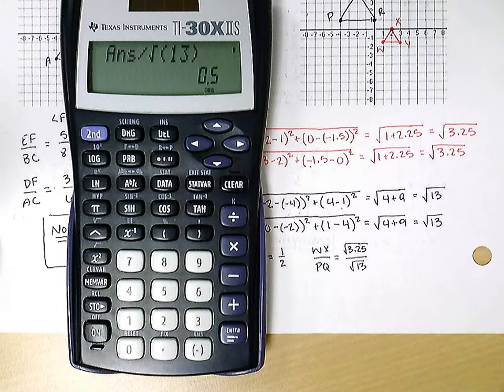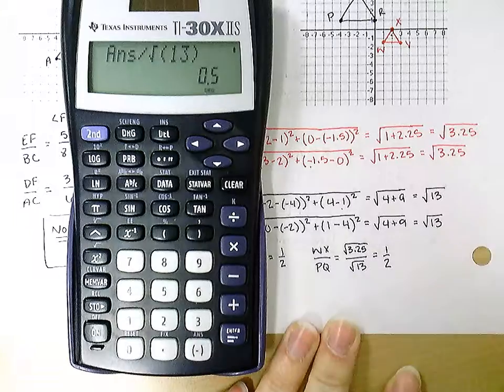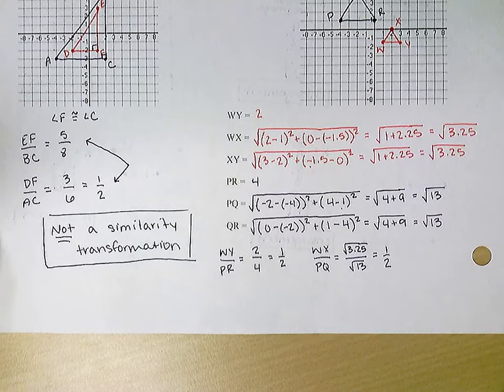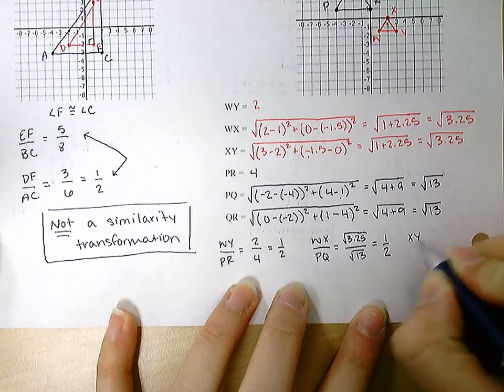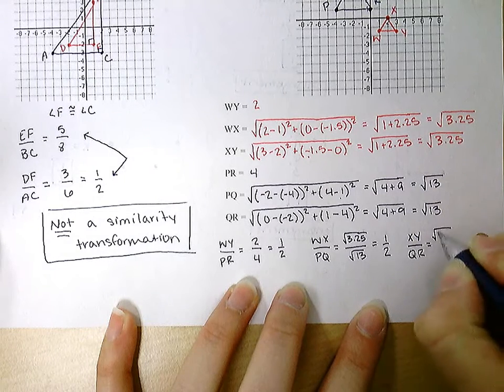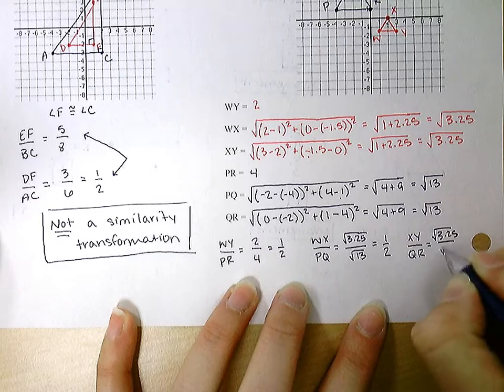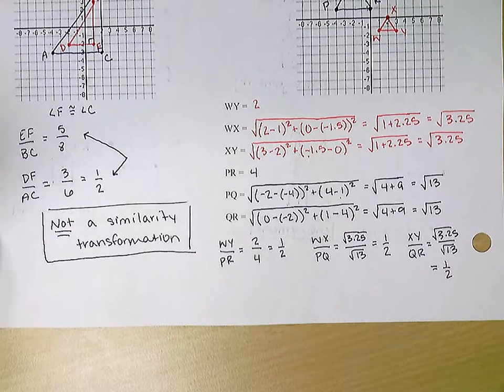You get 0.5. What's 0.5 as a fraction? 1/2. The last one I have then is side XY over QR. Again, that's the square root of 3.25 over the square root of 13. And again, we found that to be 1/2.